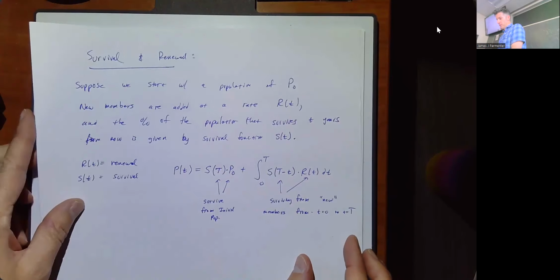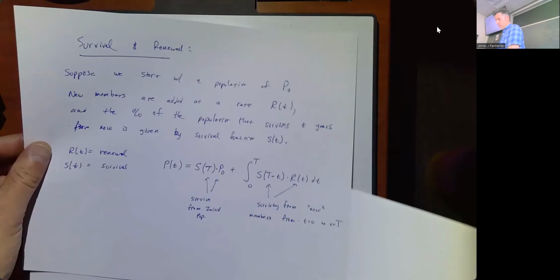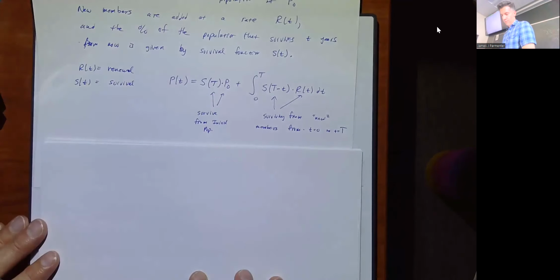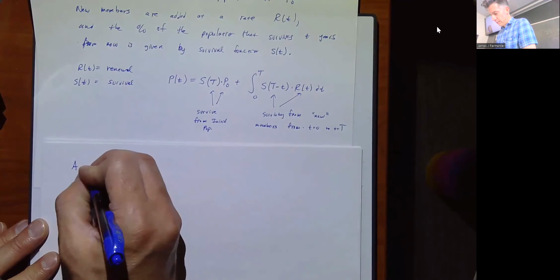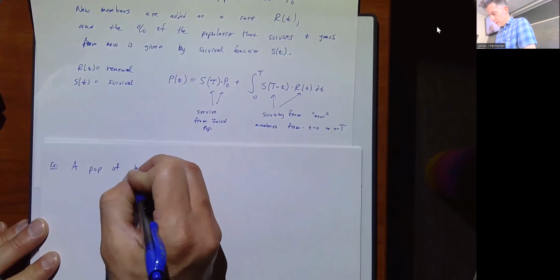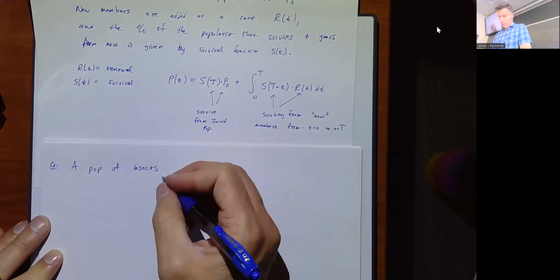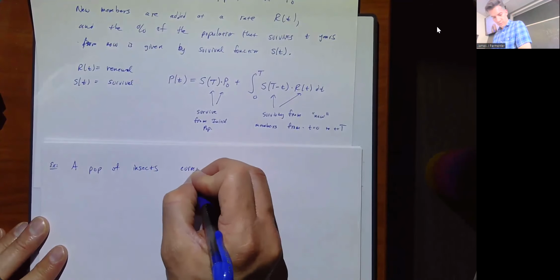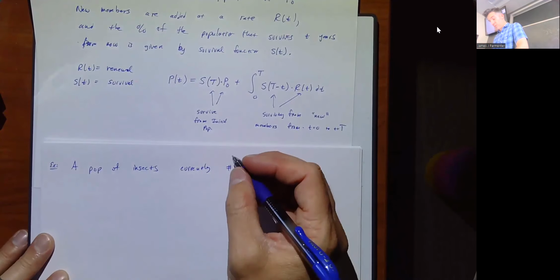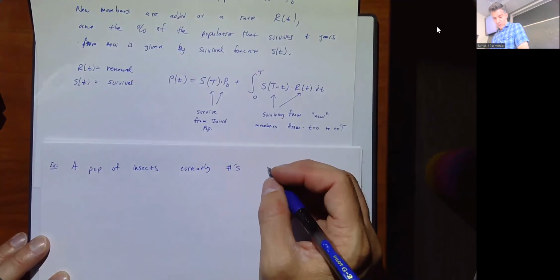I'll try not to get rid of this completely. So let's say we have the following situation. Can we see that? Maybe. Okay. Population of insects. I believe this is question number 3 from section 6.3, in case you're curious.